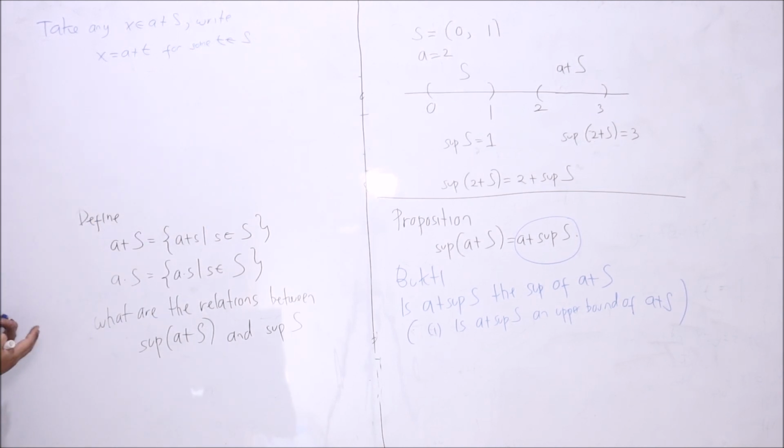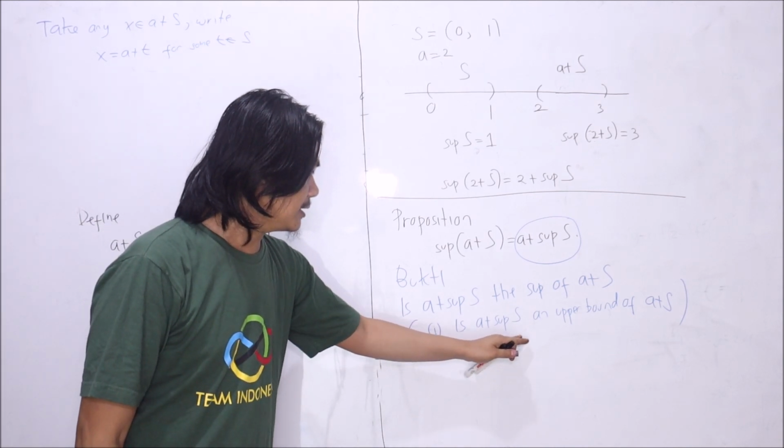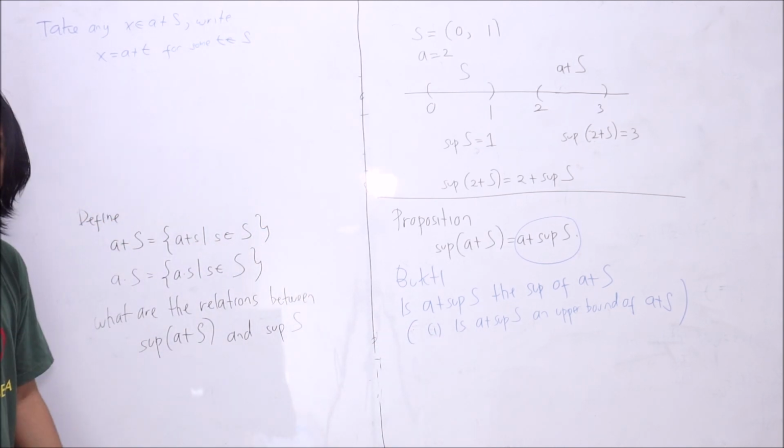If we can show that this x is smaller than A plus sup S, then we are there.